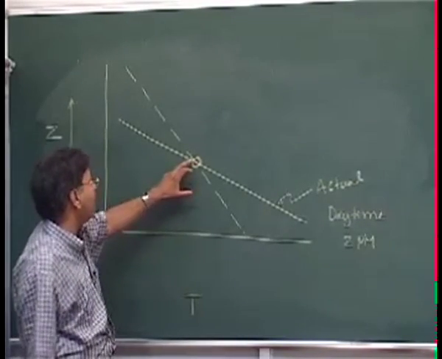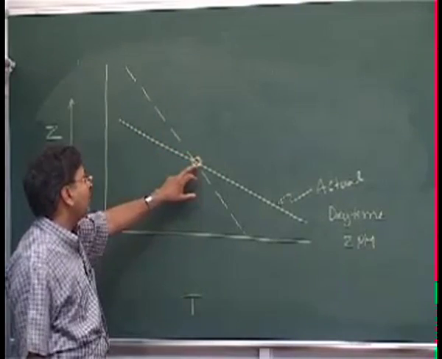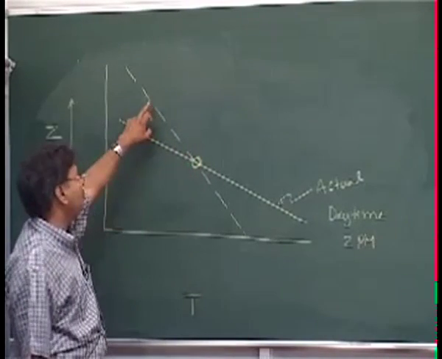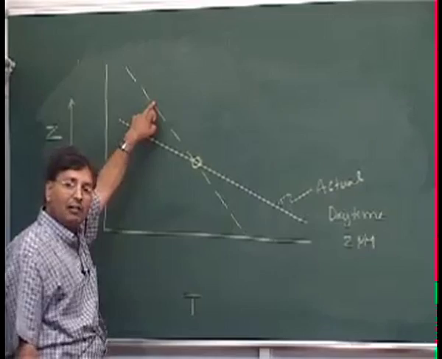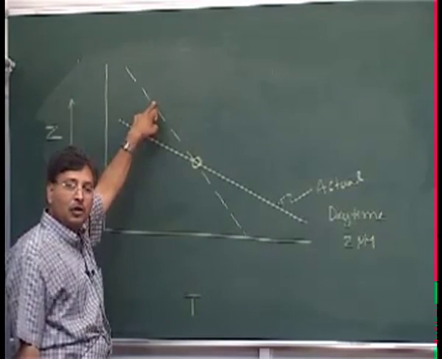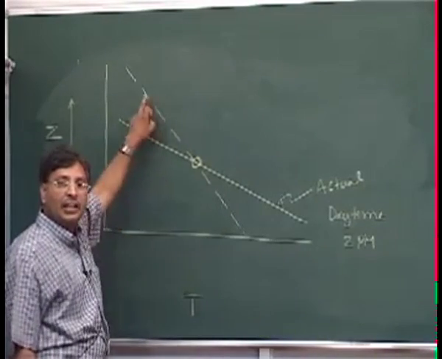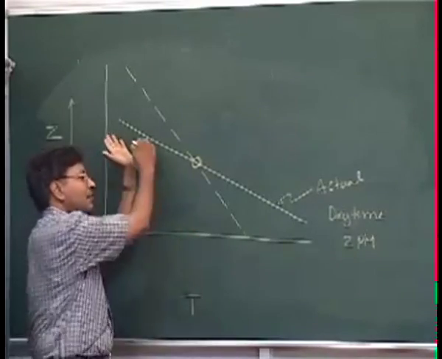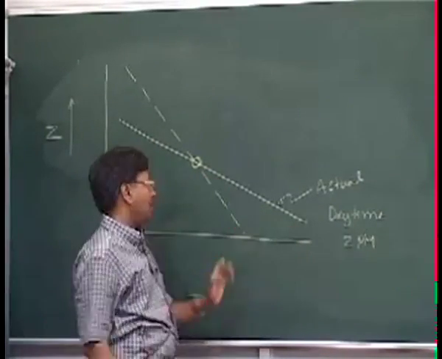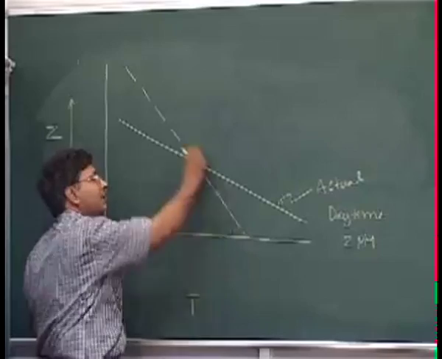So after a certain time when I have pushed it up, what temperature will it acquire? Suppose it has gone up to this point. It will acquire this temperature because it will follow the adiabatic path, whereas my atmosphere is real like this, that is fine, but the pollutant will follow the adiabatic path.